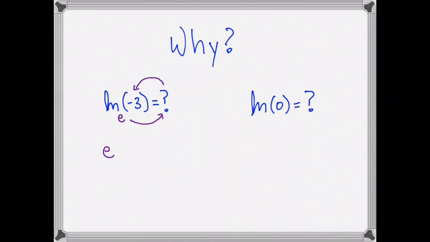So e raised to some power is going to give us a -3. Now, here's the deal: there's nothing that you can raise a positive base to over real numbers that's going to give you a negative outcome. Even if you put a negative number in for the question mark, it's just going to flip it upside down.